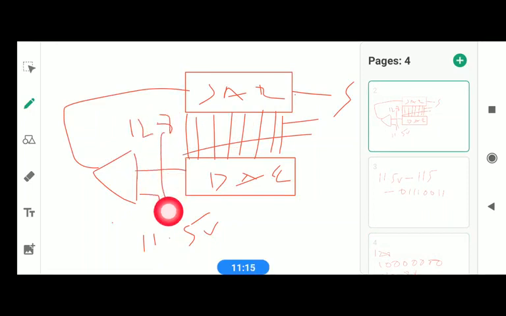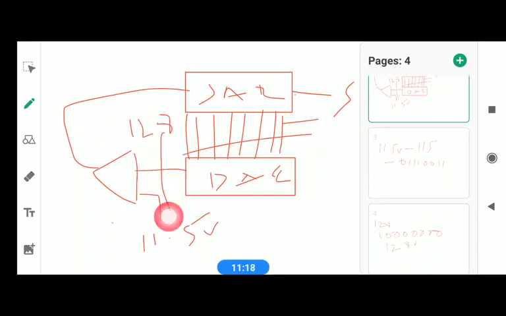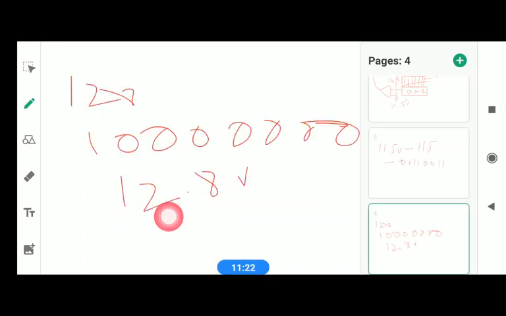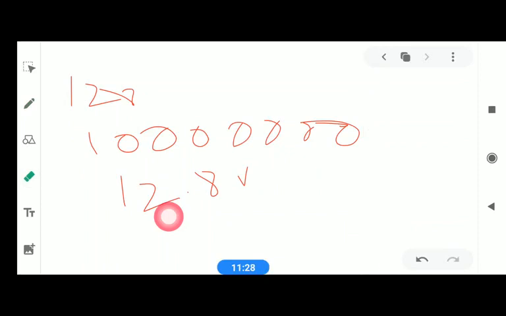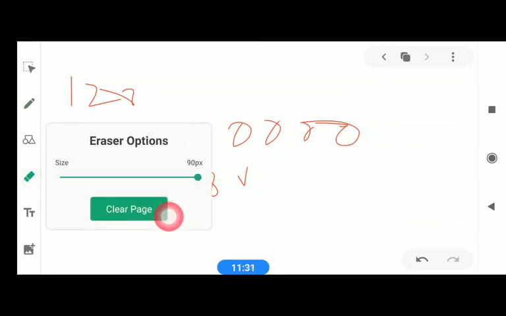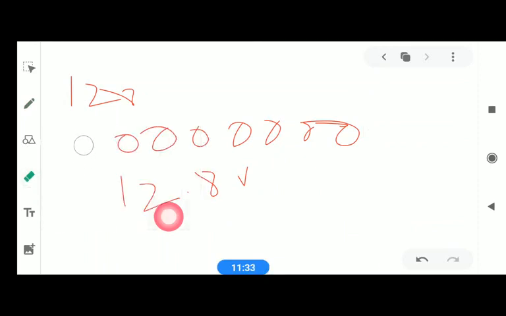Since it is lesser than 12.8, what will the SAR do? The SAR will make this bit 0 and make this next bit 1, right?